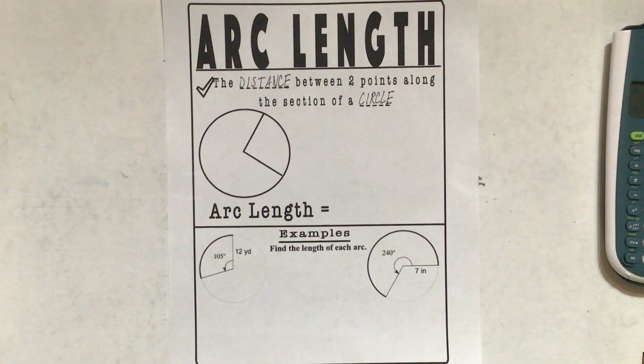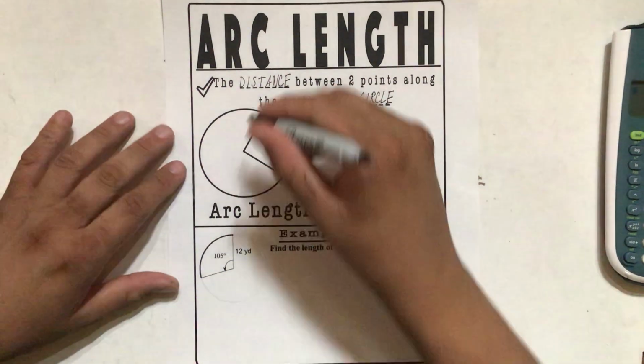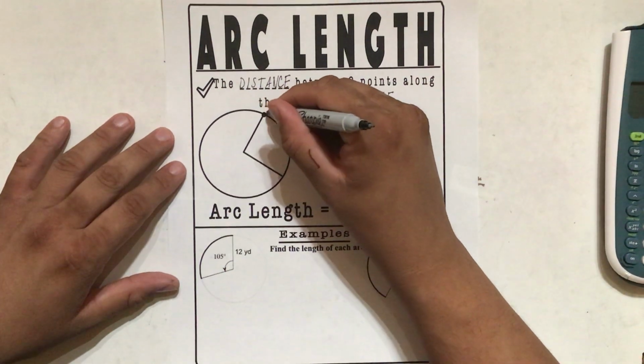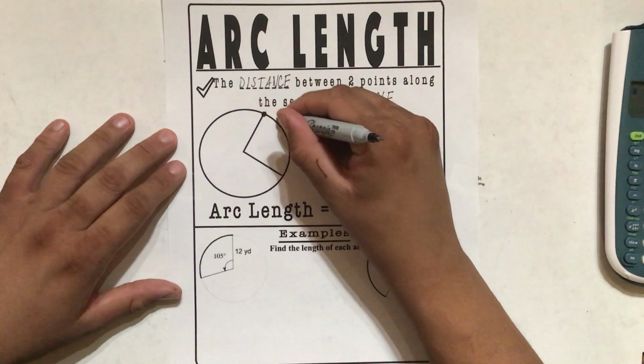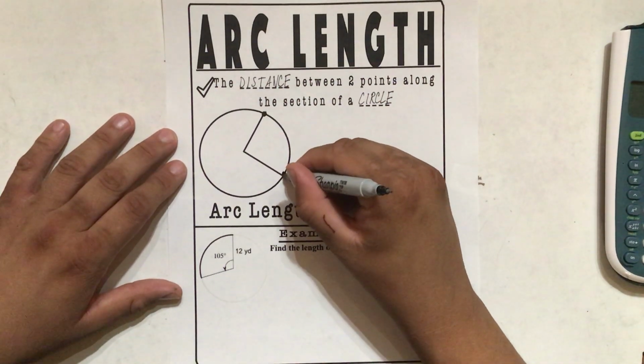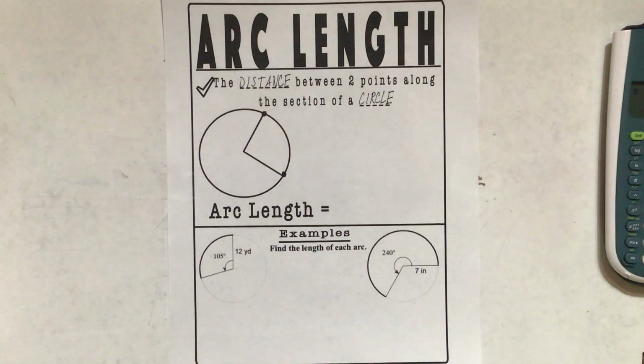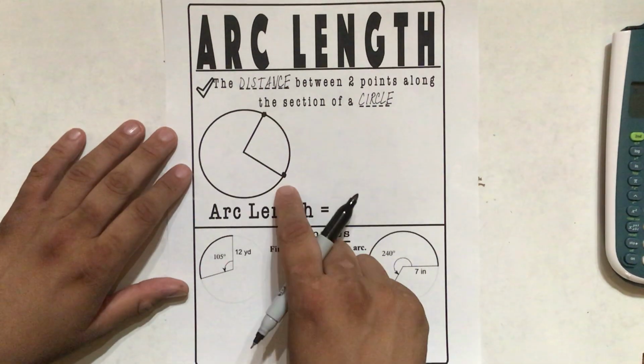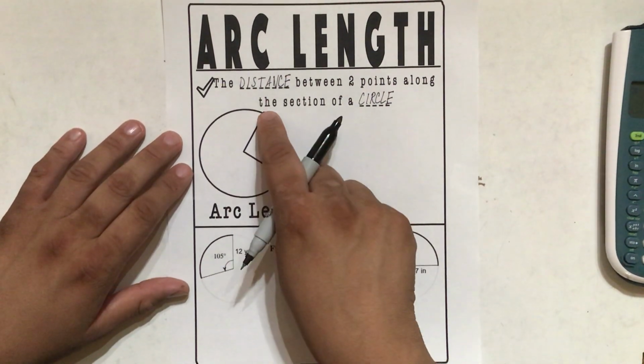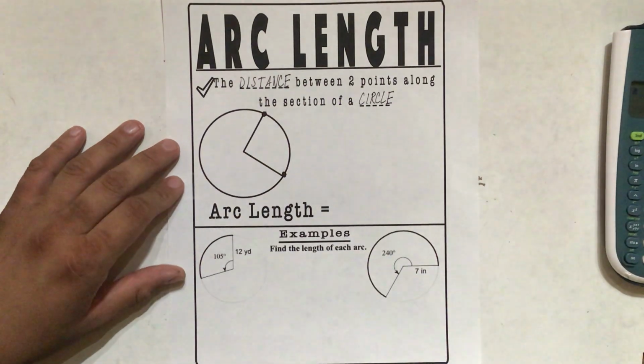So what we're going to find out is how long it is from this point, traveling all the way around to that point. This looks like a pizza slice, so I want to know how long the crust is from that point all the way to that point.